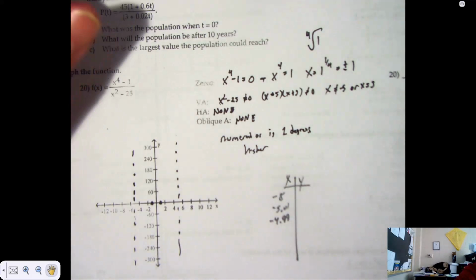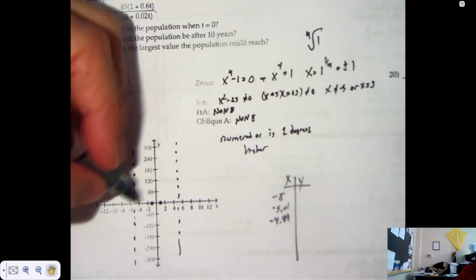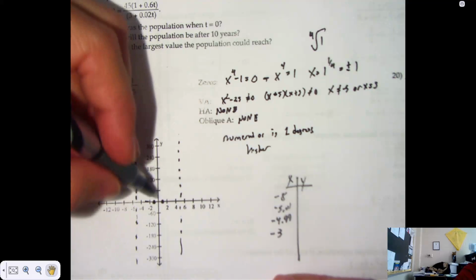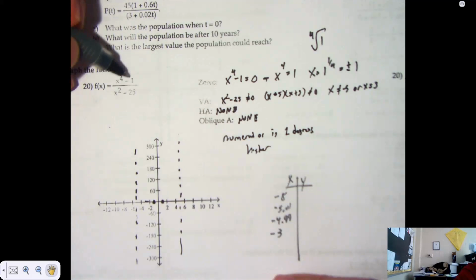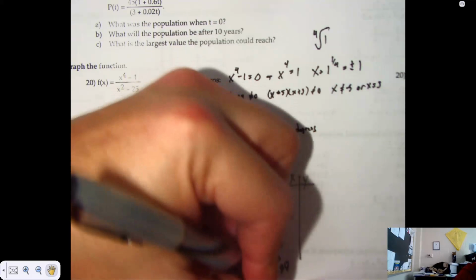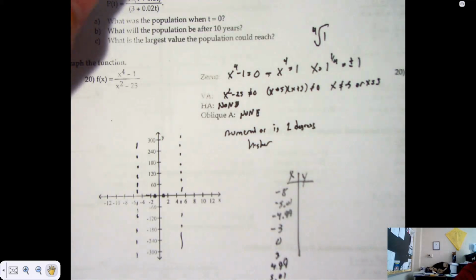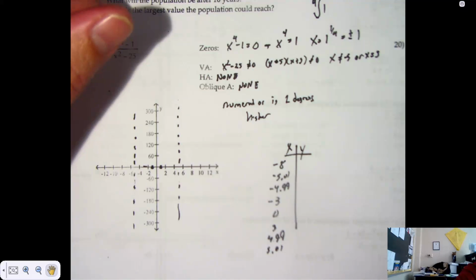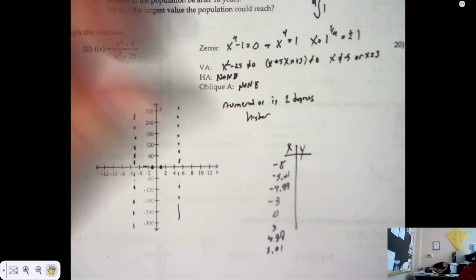Stay close to that asymptote so you can see its behavior. I guess maybe we'll do a -3. I'm a little curious what happens at 0, but I can look at the graph there. I can look at the equation. Maybe a +3, 4.99, and 5.01. Just those numbers right there. Now, do you guys need to watch me plug in numbers? That's the deal, just make up a table.